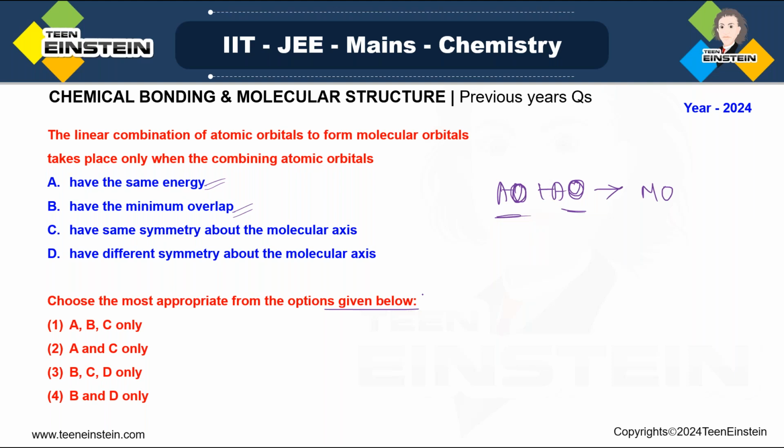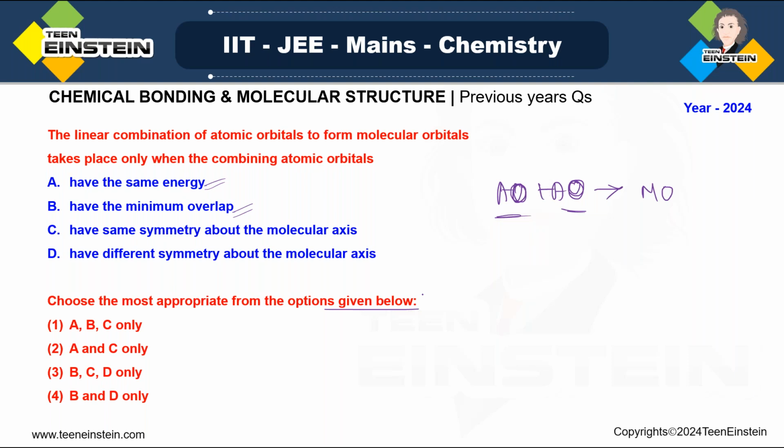Then the third one is saying same symmetry about the molecular axis, and the last one is saying different symmetry about the molecular axis. Now see here, B cannot be true even if you have doubt related to ACD. But one thing is sure, minimum overlap cannot be a good criterion for MO formation, right?